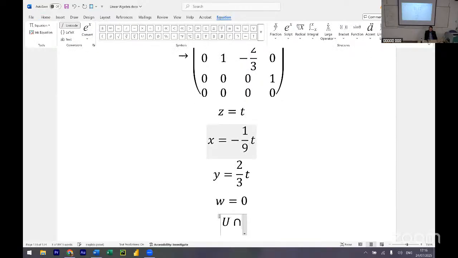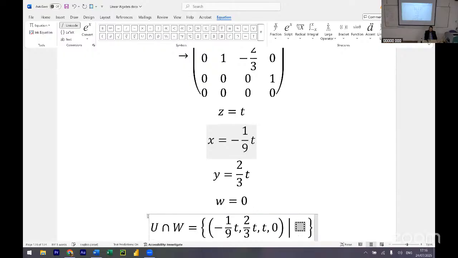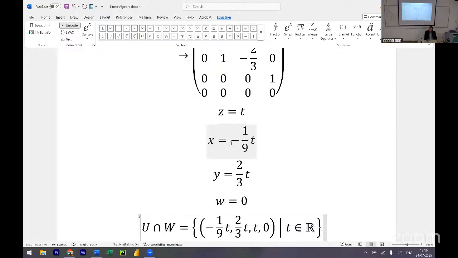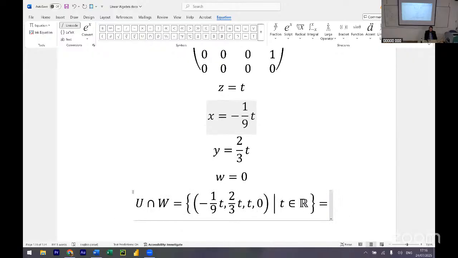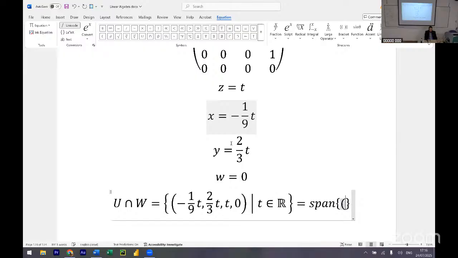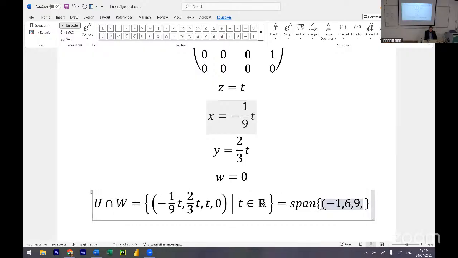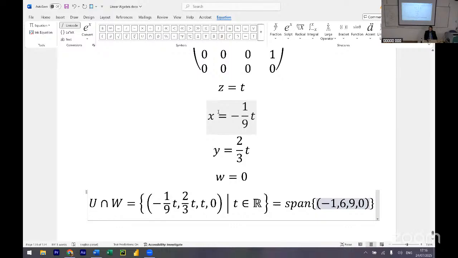So the intersection altogether is all of the vectors of the form minus 9t, 2/3 of t, t, and 0, such that t is a real number, and altogether that's the span of, I'll multiply by 9, so I'll get minus 9, 6, 9, 0. Nice. Okay.